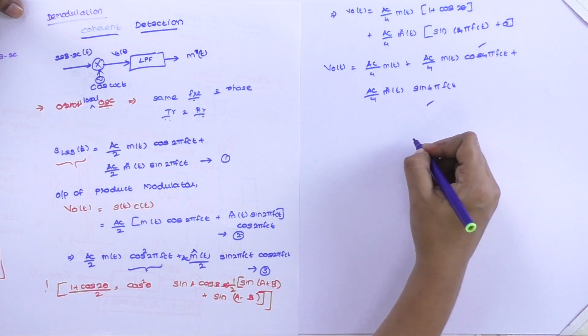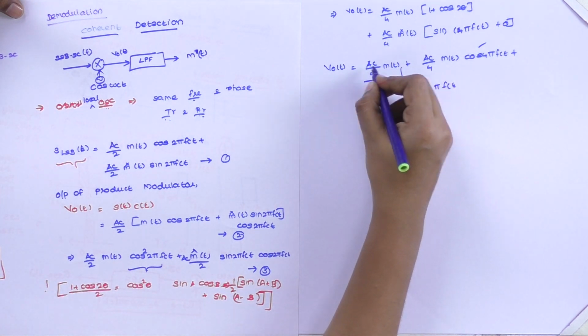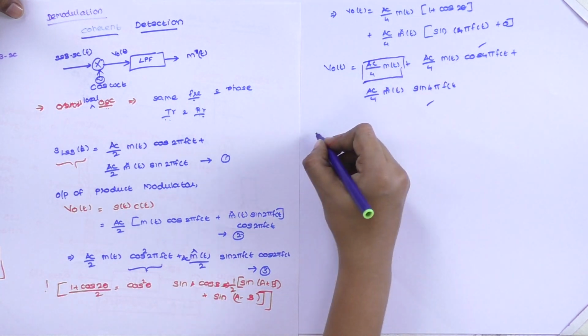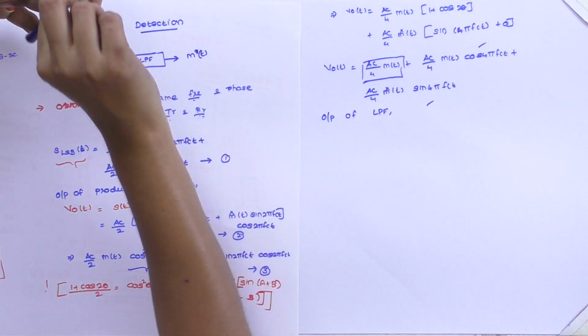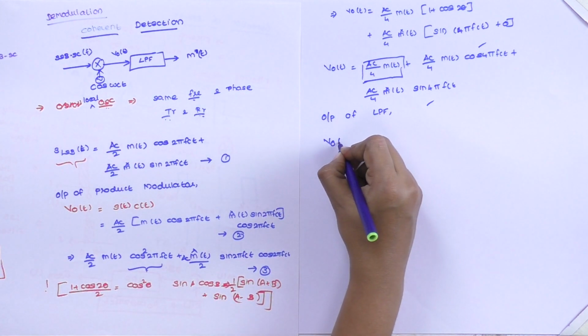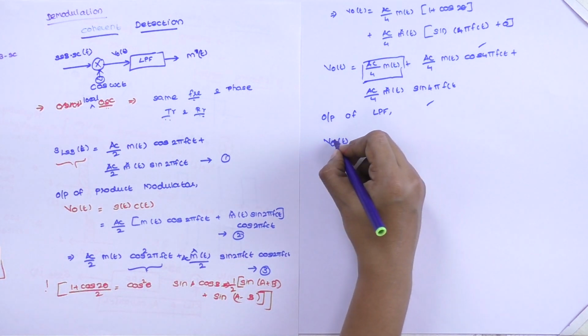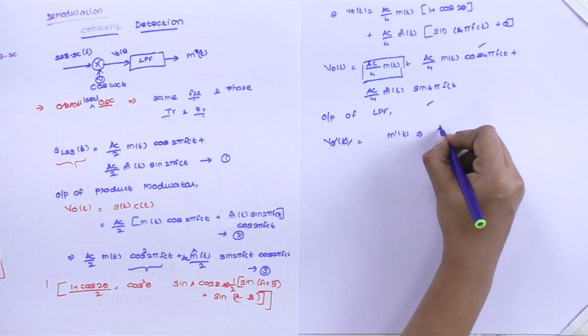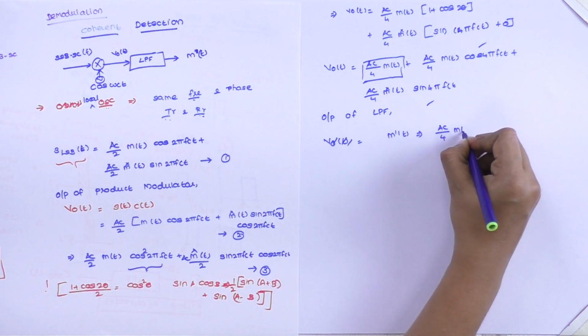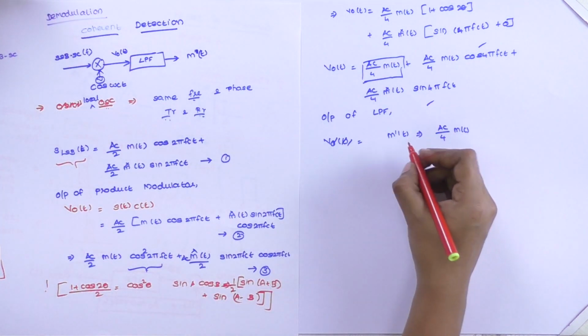These two terms have higher frequency, only this term will pass through the low pass filter. Therefore the output of the low pass filter is V naught of t, that is m dash of t, equal to Ac by 4 into m of t.